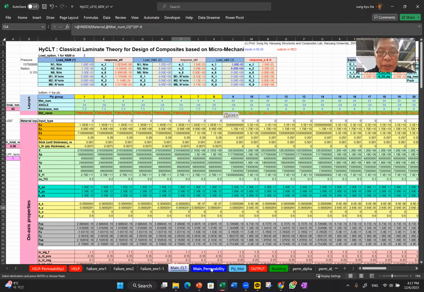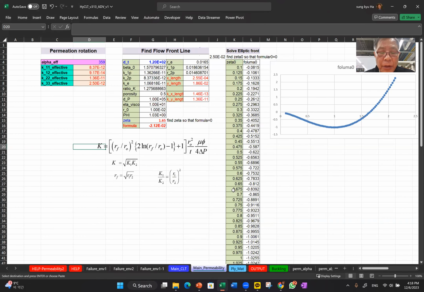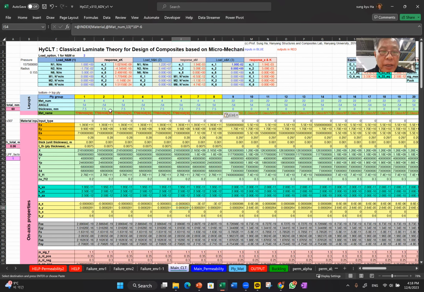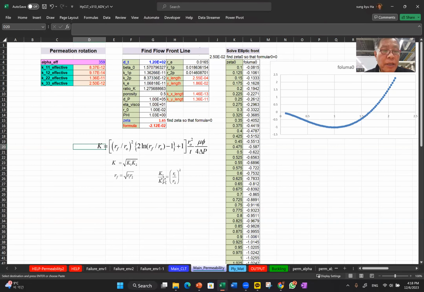Another one is the main permeability. There, all the layup sequence will be given in this worksheet, but main permeability is an additional worksheet which we can use to better understand the permeation in the laminate.